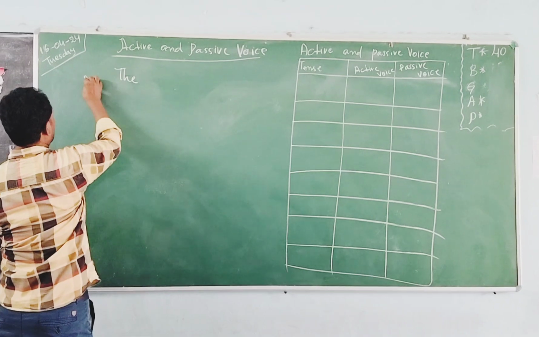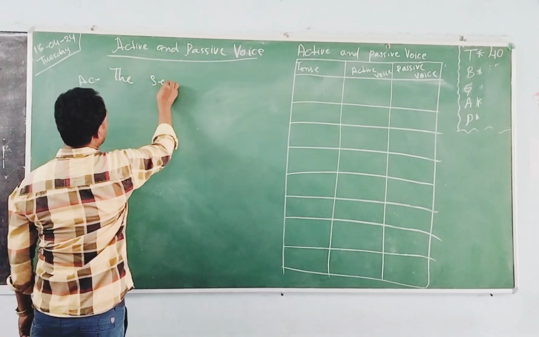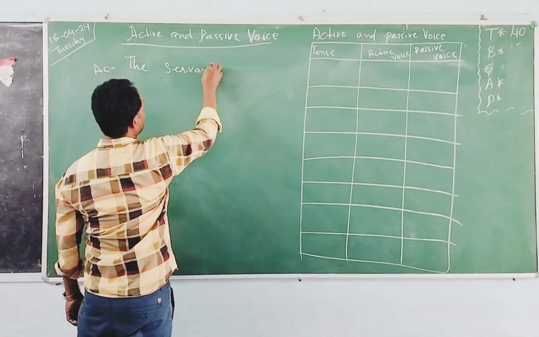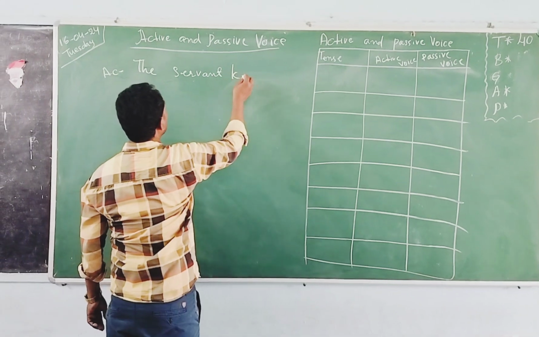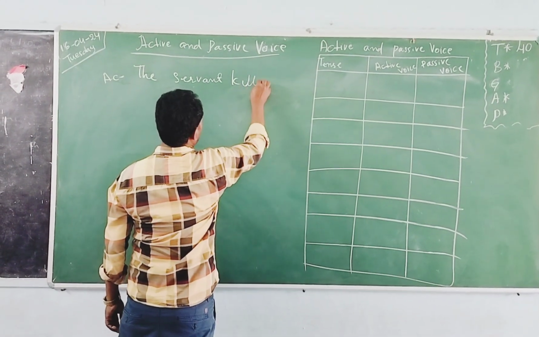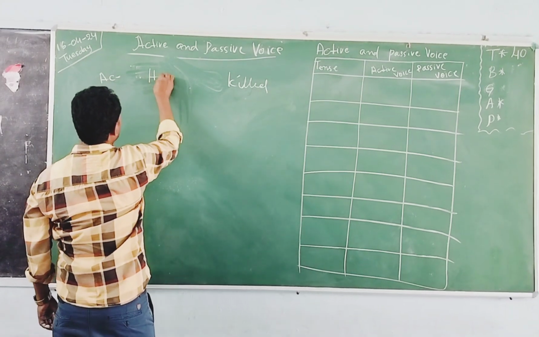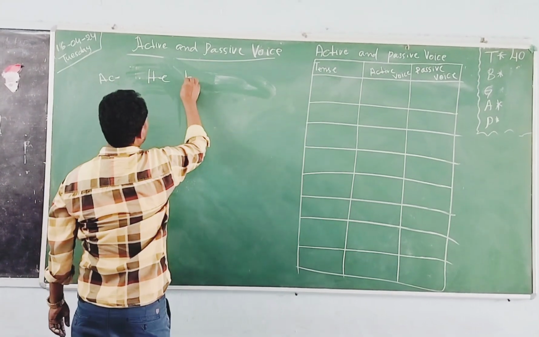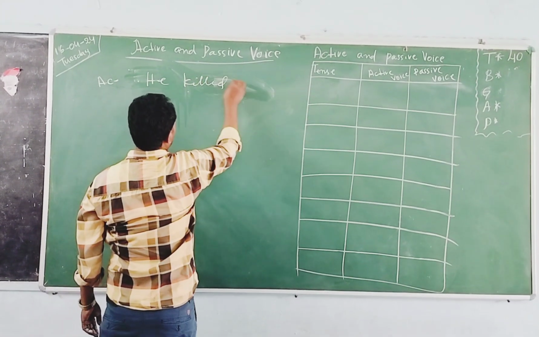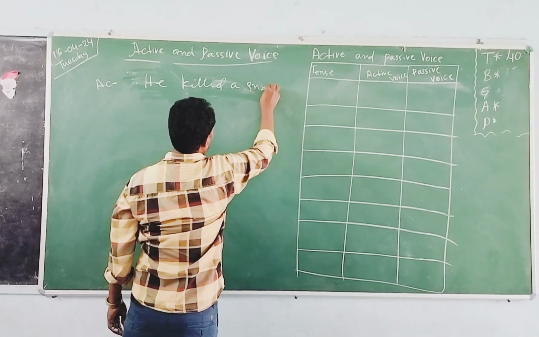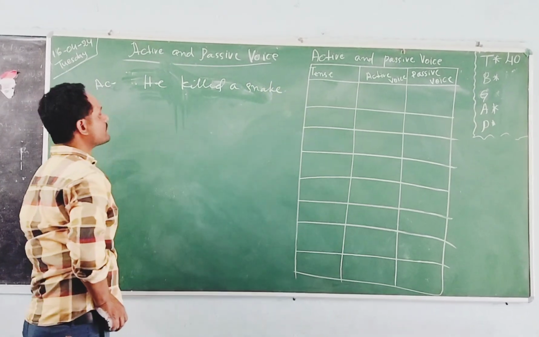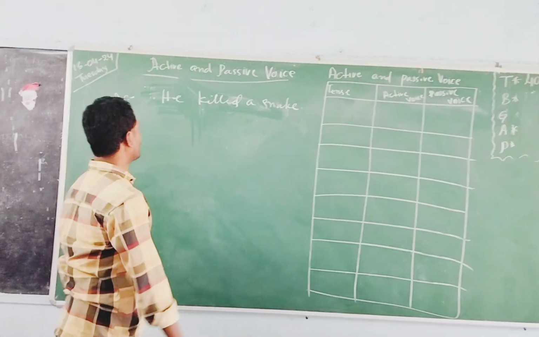This is the active voice. The servant, or he killed a snake. This is the active voice. He killed a snake.